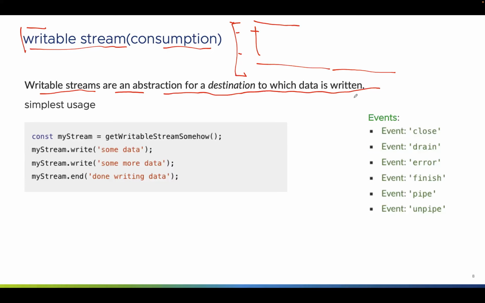That means you want to, for example, write your data to an underlying resource. By using this writable stream, the simplest syntax you can follow is you just grab your writable stream, and then, for example, in this case my stream dot write, just write something to this stream, or write something again, and then you just call end to finish up all writing operations.